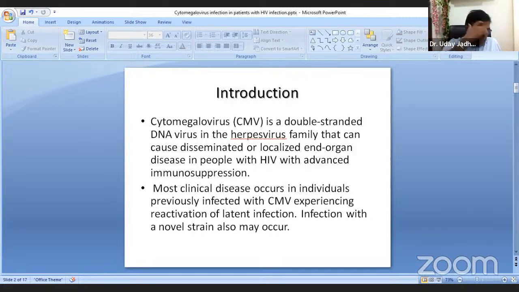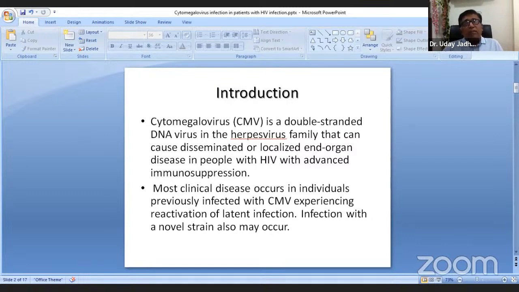We also have to take care when starting antiretroviral therapy in patients with cytomegalovirus. Most of the time, we come across worsening of symptoms known as immune reconstitution inflammatory syndrome, in CMV patients whose CD4 count is below 50 and who are also infected with a multisystemic disorder.